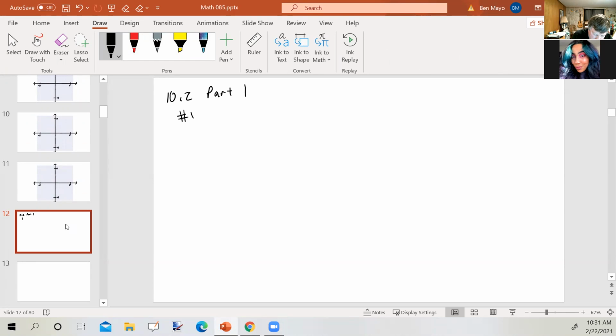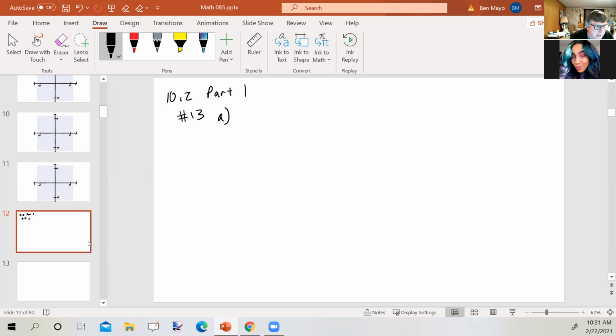is number 13. Okay, so it says for each equation, write an equivalent quadratic equation, that's the same as a second degree equation, that will be easier to solve. Do not solve the equation.